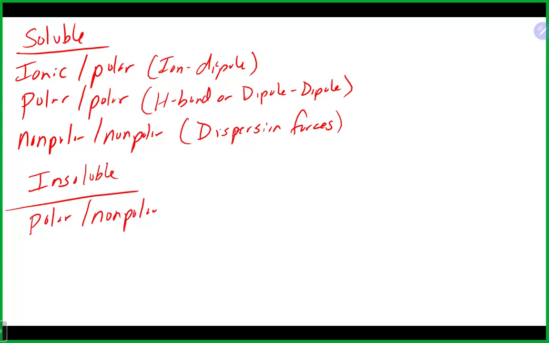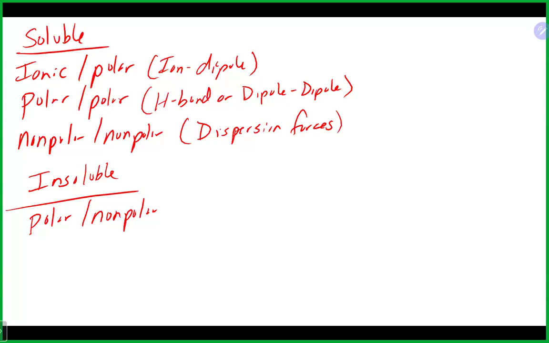So if something's miscible, it is soluble. If something's immiscible, it is insoluble. Unlike when we have a solid involved, if two liquids are immiscible, what we end up seeing is layering of the liquids, like we also saw yesterday.